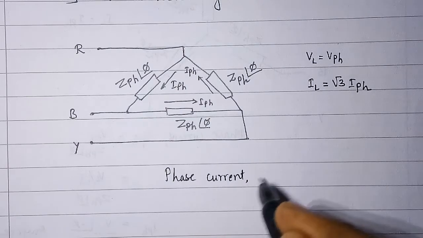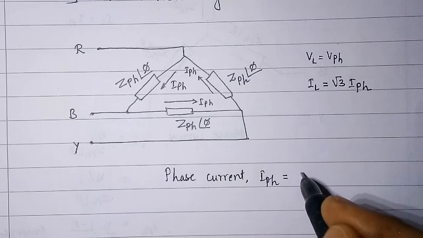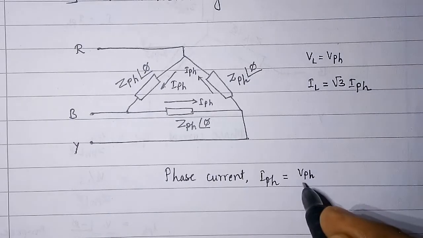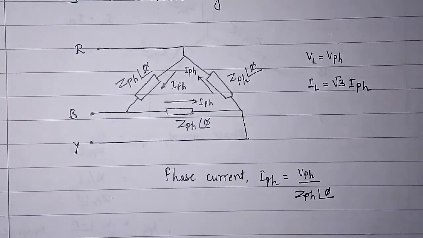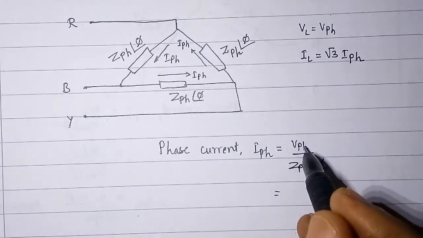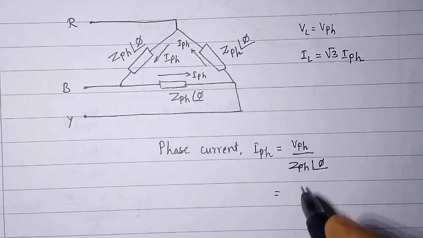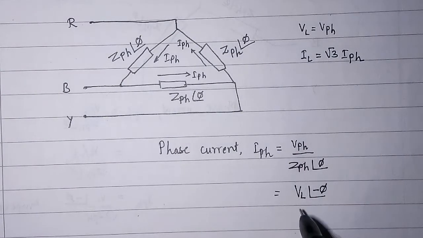Phase current IPH is equal to VPH by ZPH at an angle of phi. Since VPH is equal to VL, we can write phase current as VL, taking phi to the numerator, it will become minus phi divided by ZPH.